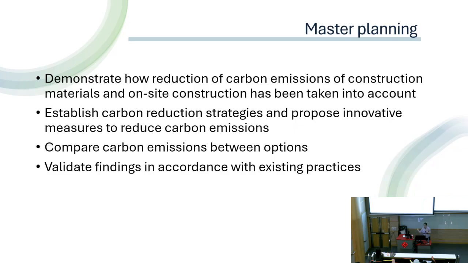At the master planning level is what I mentioned, all the various different tools and all the different strategies we use to reduce carbon emissions during not only operation, but also during construction. How we actually schedule our construction to make it flow easier and to make sure that we don't waste things.